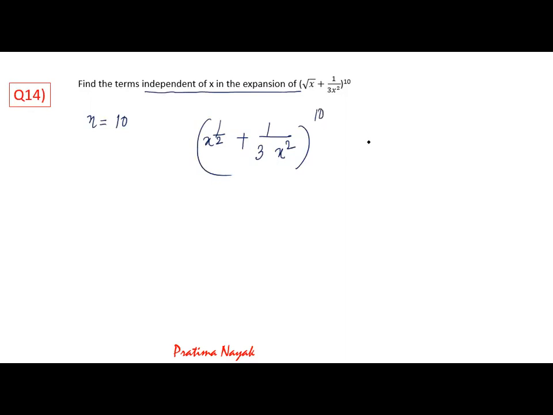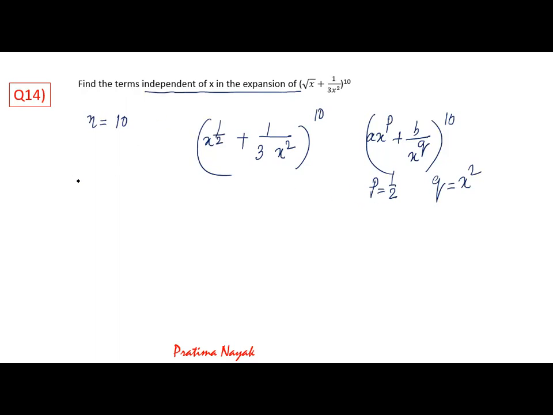You will compare with the formula I wrote, (a x to the power p plus b by x to the power q) whole to the power 10. Unless you get this x to the power p, x to the power q, there will not be an independent term. Independent means where there will be no x. So here you will compare: p is equal to half and q is equal to 2.